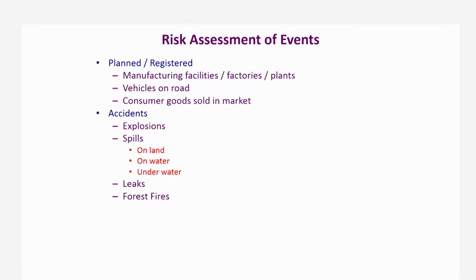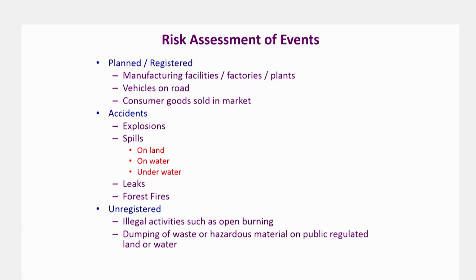And then there is of course forest fire, which in some cases is natural, sometimes it is human made. So, these are one set, and there is also another set of events which are unregistered, which means activities like open burning. In the current context, open burning of garbage is not allowed by the Indian regulatory agencies, such as the Central Pollution Control Board, but you see it happening from time to time at different scales, from very small scale to large scale.